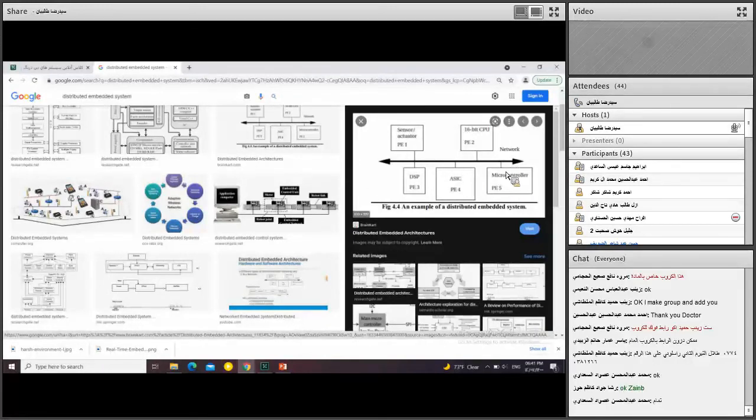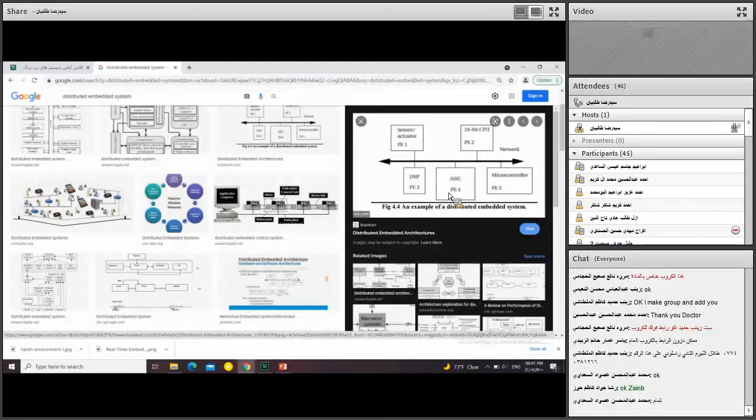What about the processing elements? For example, here a microcontroller as a processor, or the processor of inputs and outputs. Another processor is a 16-bit CPU, central processing unit, and another processing element.